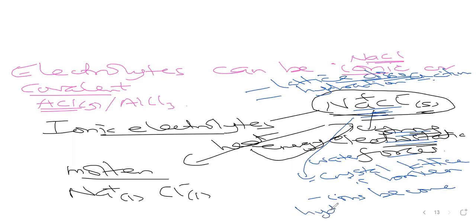If water is used as the solvent, the ions become hydrated. If any other solvent is used, then we say the ions become solvated, or completely surrounded by the solvent molecules. If it's water, by water molecules. I hope I'm very clear on the two ways by which ionic electrolytes form free mobile ions that conduct electric current.